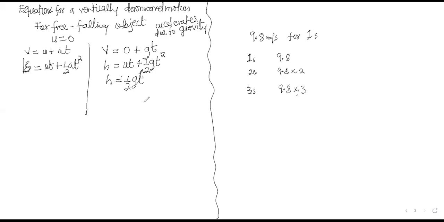This is the equation for the vertical height at any time t. Don't forget, g is constant. So v is only directly proportional to t because g is a constant. And h is also directly proportional to the square of t because half and g are constant.